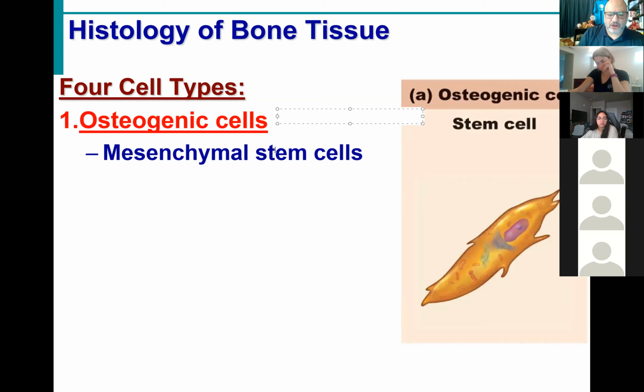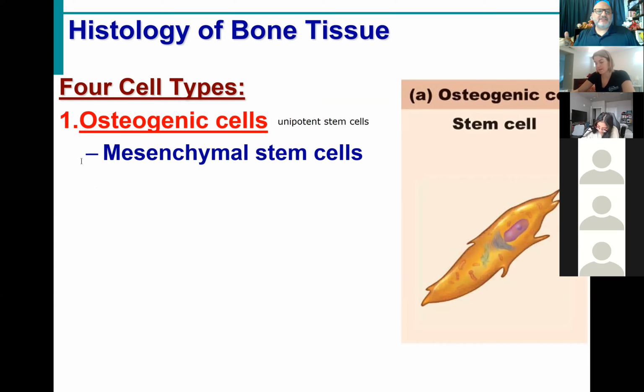Osteogenic cells are unipotent stem cells. Someone remind me again what a unipotent stem cell is? One bone. Cell. Exactly. It is a cell that is capable of dividing to produce new cells, but when it divides to produce new cells, it only makes one type of cell.